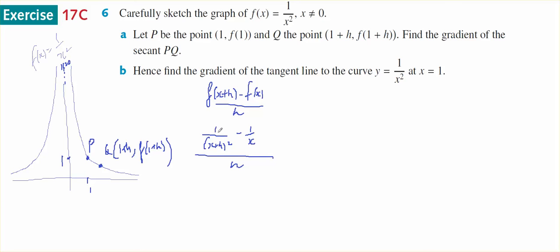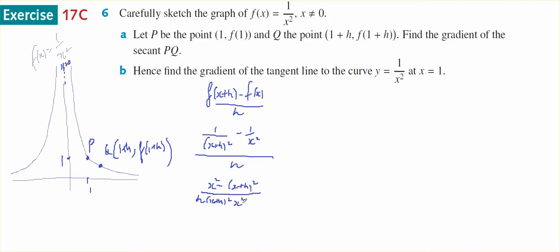My numerator has a fraction minus a fraction, so I need the lowest common denominator, and that will be my two denominators multiplied: (x + h)² times x. Multiply the x over to there, minus multiply that over to there, that's x² by the way, minus (x + h)². And I've also got that over h over 1, which is the same as having h in the denominator.